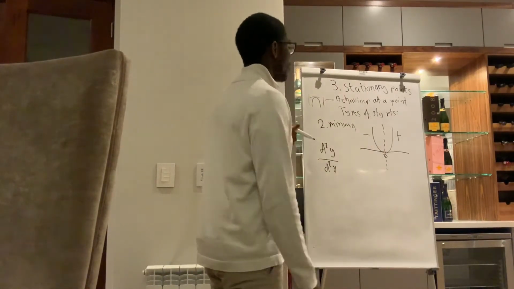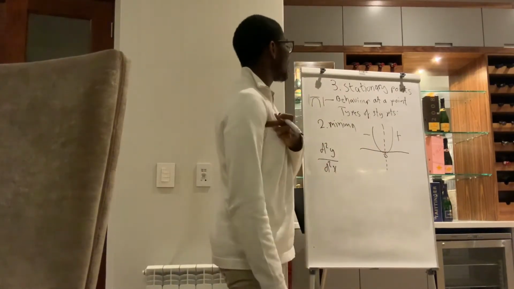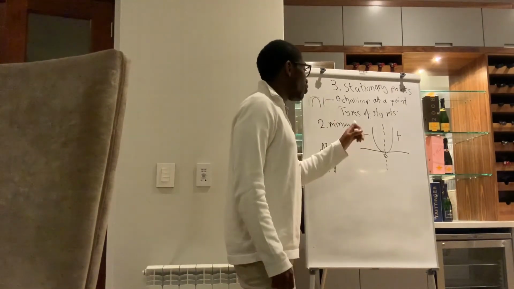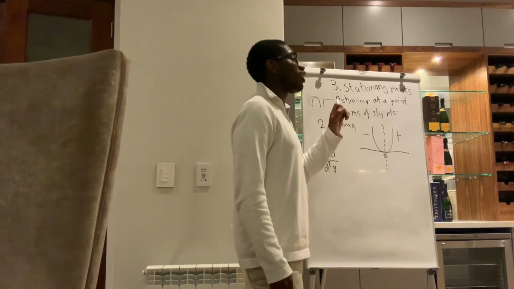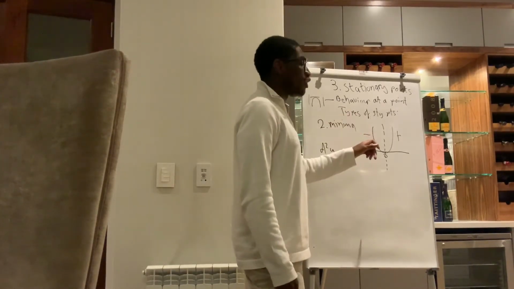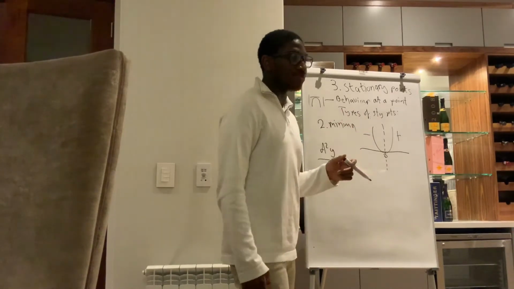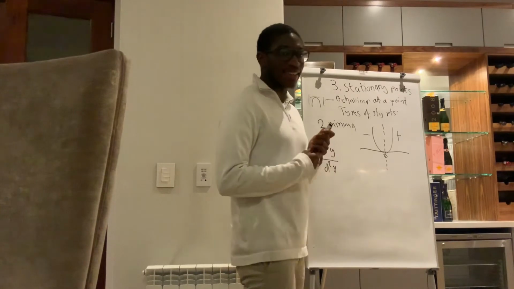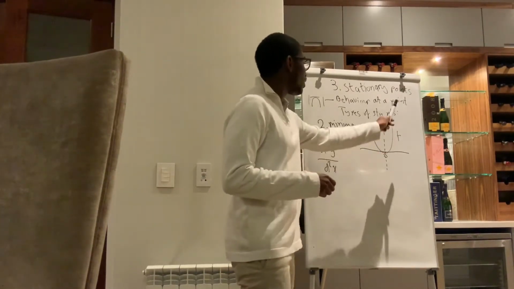And to take that even further, if you've got a quadratic function and the second derivative at the stationary point is positive, what that tells you is the function is convex. So it has this shape.